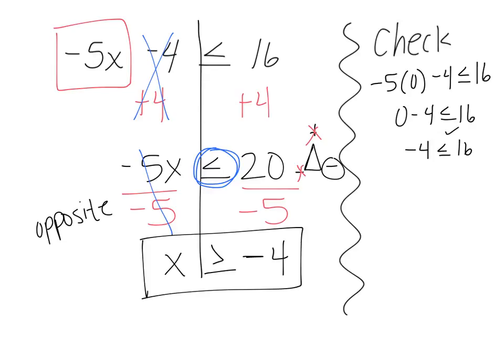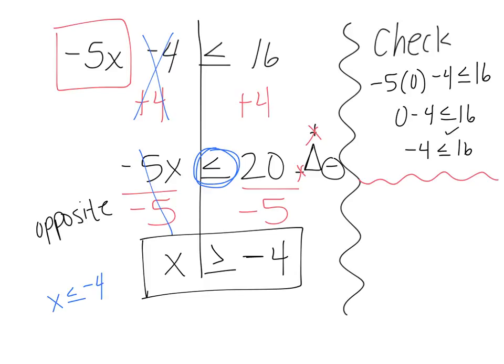So ta-da, it works. Now, here's what I want to show you. Had you left that inequality sign not flipped, so had you said x is less than or equal to negative 4, here's what will happen. Say you didn't switch it and you want to go check it.